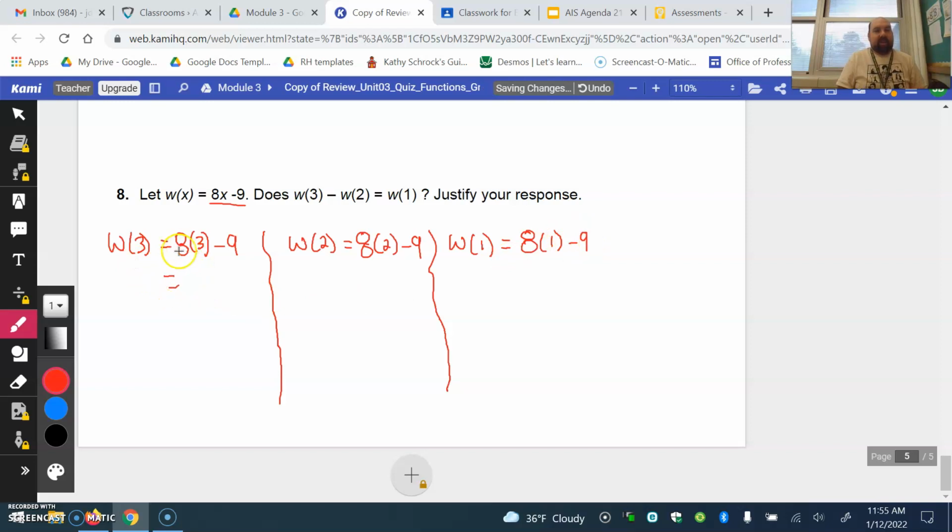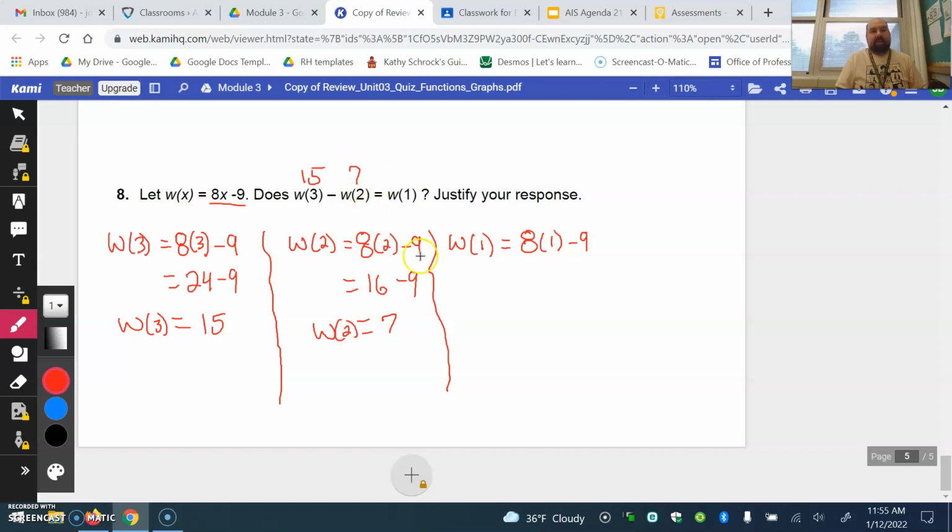So watch. 8 times 3 is 24, minus 9. Well, 24 minus 10 is 14, so this must be 15. So w of 3 equals 15. I'll put that up here. w of 2: 16 minus 9, so w of 2 is equal to 7.